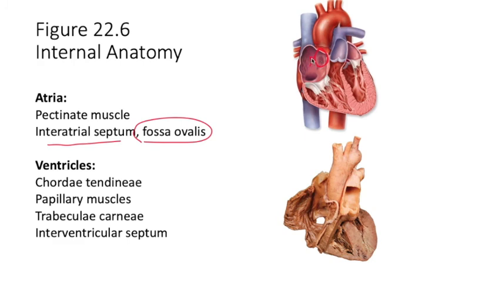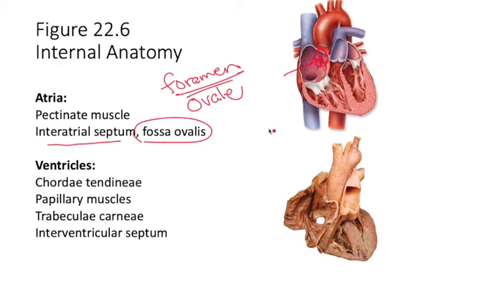That little oval depression used to be called the foramen ovale before you were born, because it is in fact a hole. So if you remember, foramen means hole. So in a fetus, that's a hole. As soon as you're born, a flap of tissue comes along and closes it up. It'll heal over, and then it's just a depression.